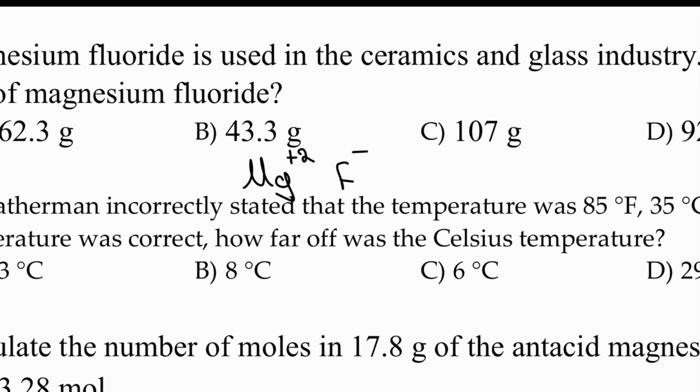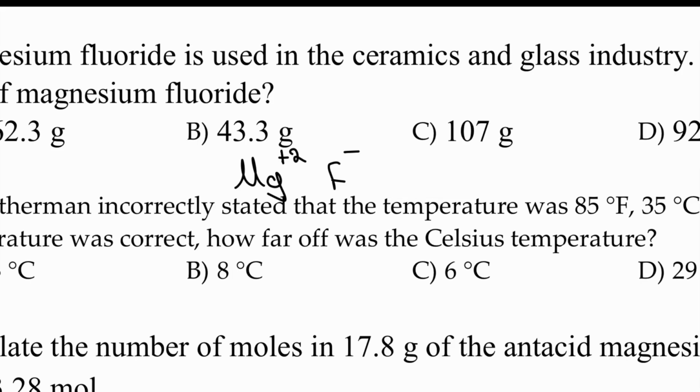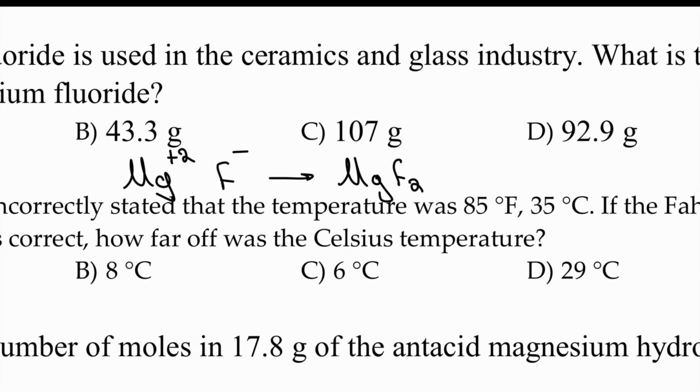You could put a 1, but I'll just keep it as negative because it's on the polyatomics. We need 2 fluorines to balance out the magnesium, so we're going to make this MgF2.